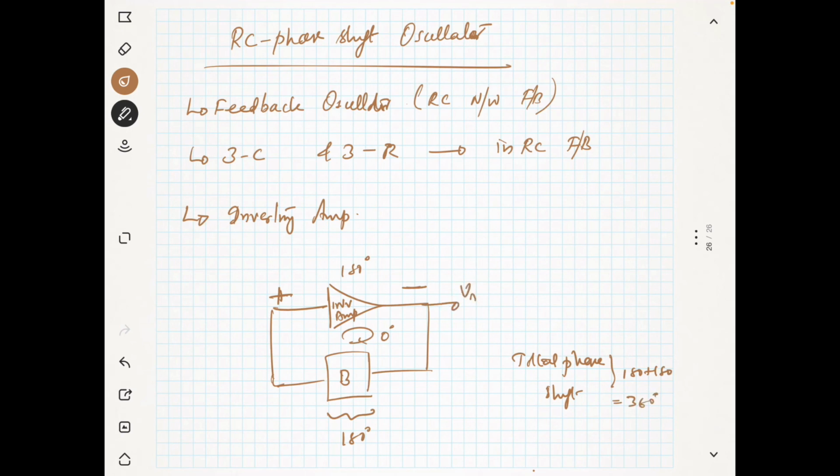If you give a negative here, you will get positive again here. So that's why it is providing 180 degrees out of phase. And this 180 degree phase shift is provided by 3 RC networks, because each RC network in this case will provide a phase shift of around 60 degrees. That's how you are going to design it.